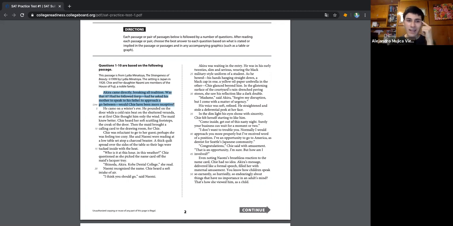And he's thinking to himself, was that it? Is that my only chance? Had I followed the protocol, had I asked my mother to speak to his father, to approach a go-between, if I had done all these protocol things, would the mother have been more receptive? Would she have taken me more seriously?